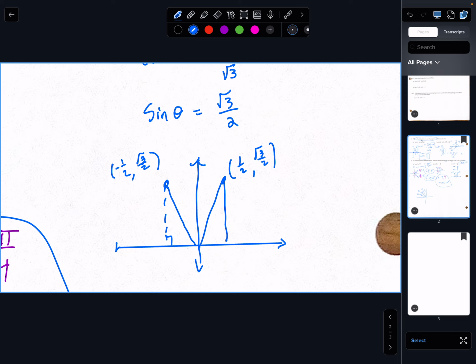I'm looking for what angle is the y going to be root 3 over 2? And that is pi thirds and 2 pi thirds. It's where you have 60-degree reference angles. And that's in radians, and in degrees, that's 60 degrees, and double that, 120 degrees.